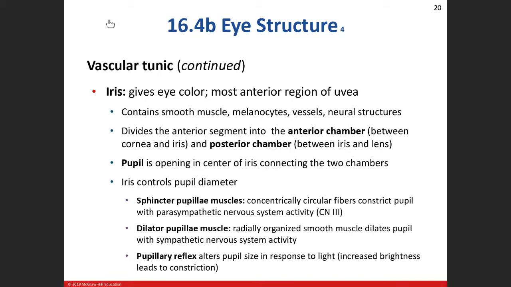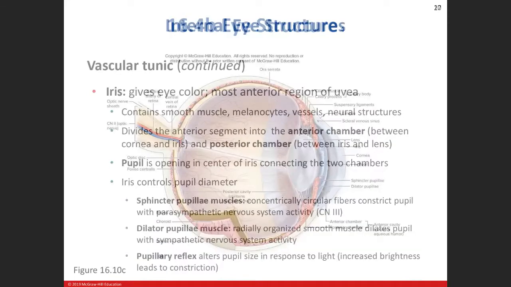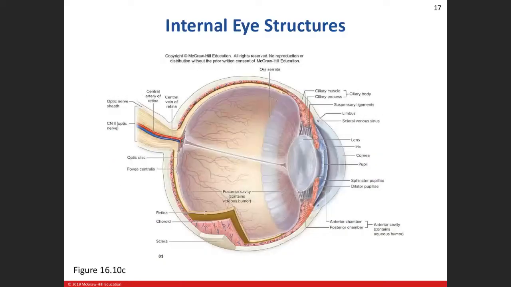That posterior chamber is going to be between the iris and the lens. And then obviously the pupil, that's the opening inside the iris, and that allows that communication, that connection between the posterior and the anterior chambers.